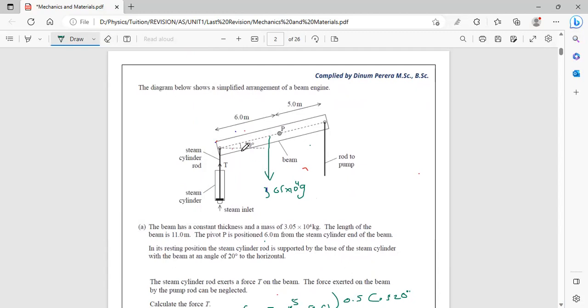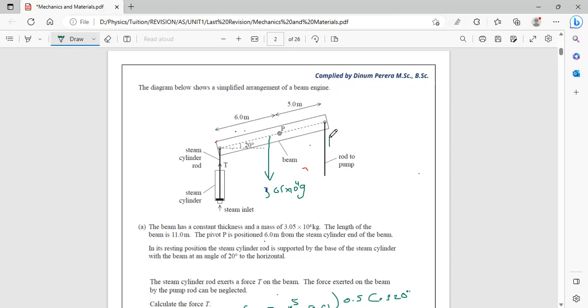So there are two forces acting on the beam. One is its weight, and the other one is the steam cylinder, the tension of the steam cylinder rod, or that force, T. Those are the two forces. The point P is considered as the pivot in this case, right?